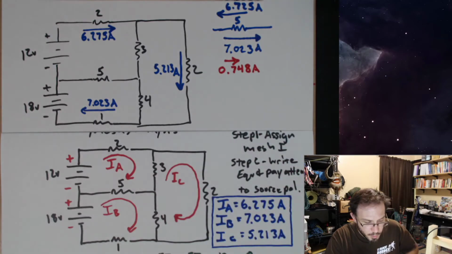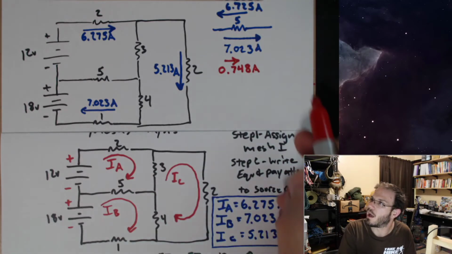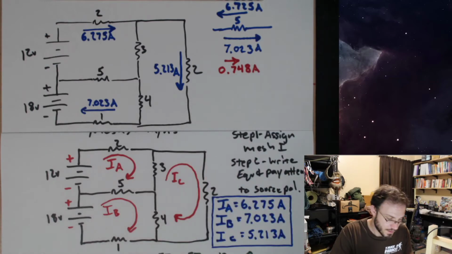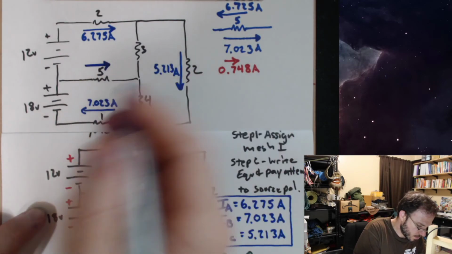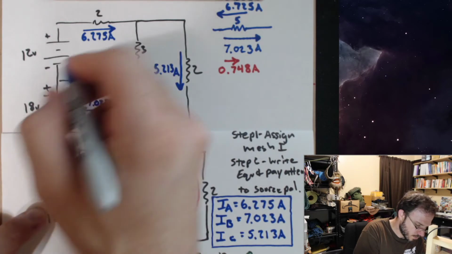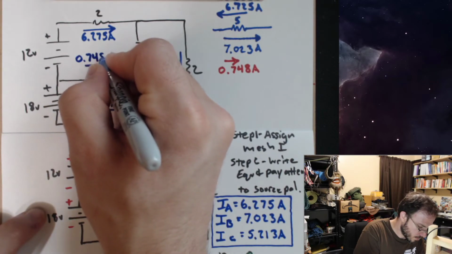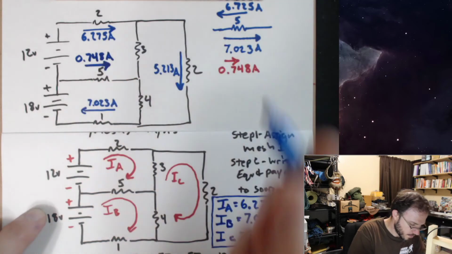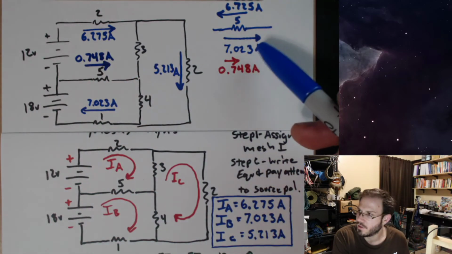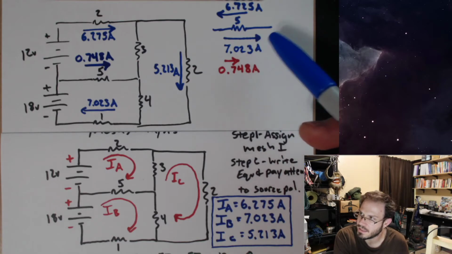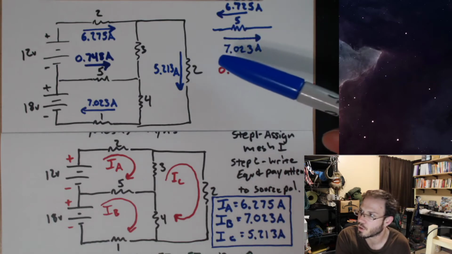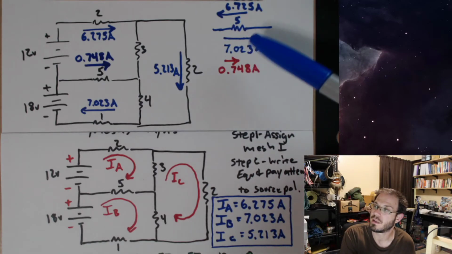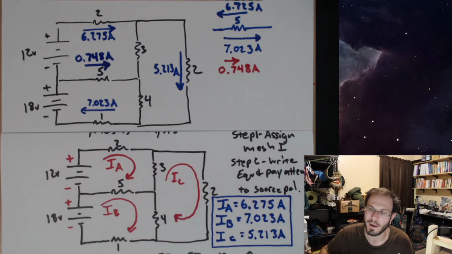You will get 0.748 amps of current going to the right. I draw it off to the side just to keep my sanity while I'm doing this and get all of my directions and magnitudes correct so that I can understand what I'm looking at.